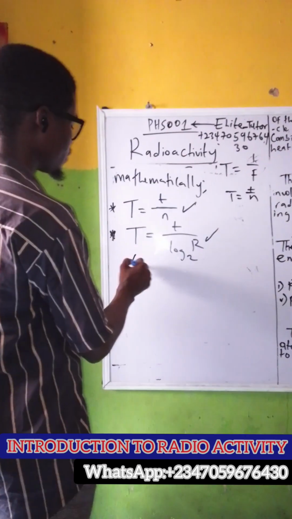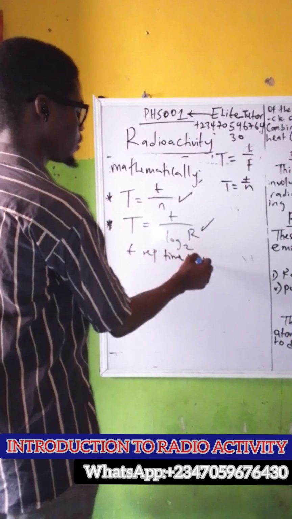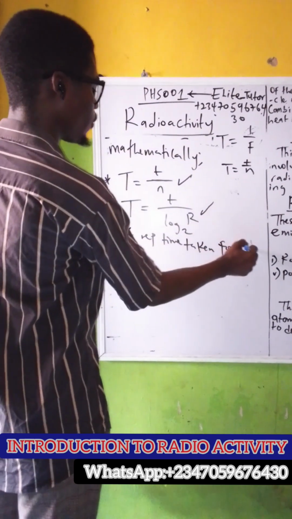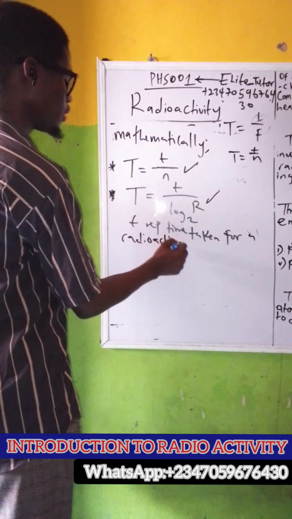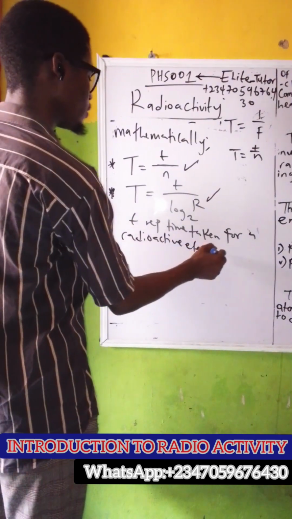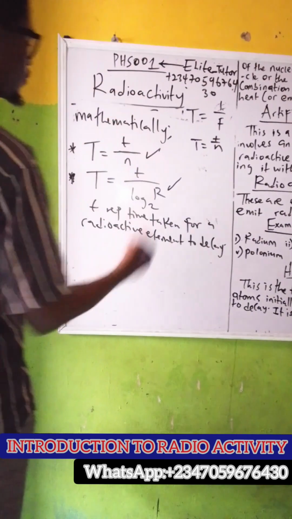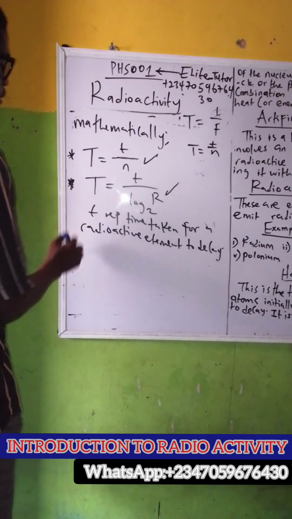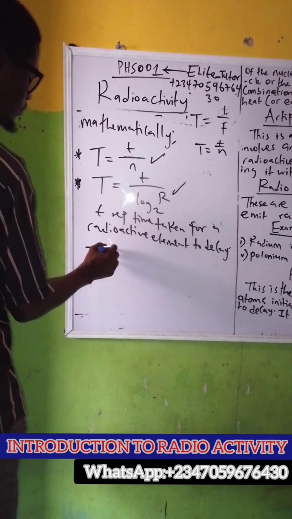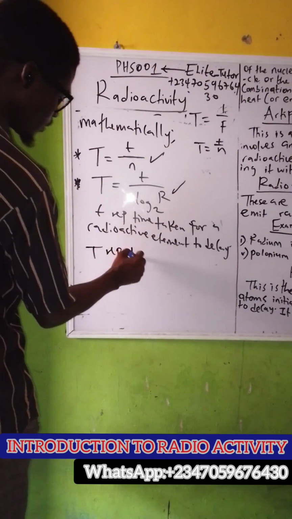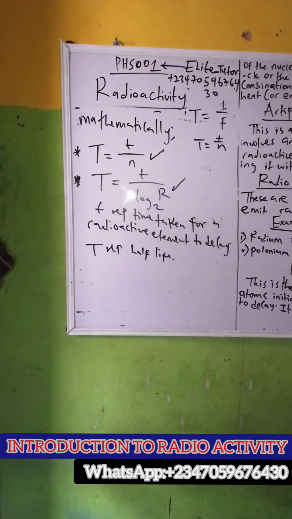Here the small letter t represents the time taken for a radioactive element to decay, but this capital letter T represents the half-life of radioactivity.